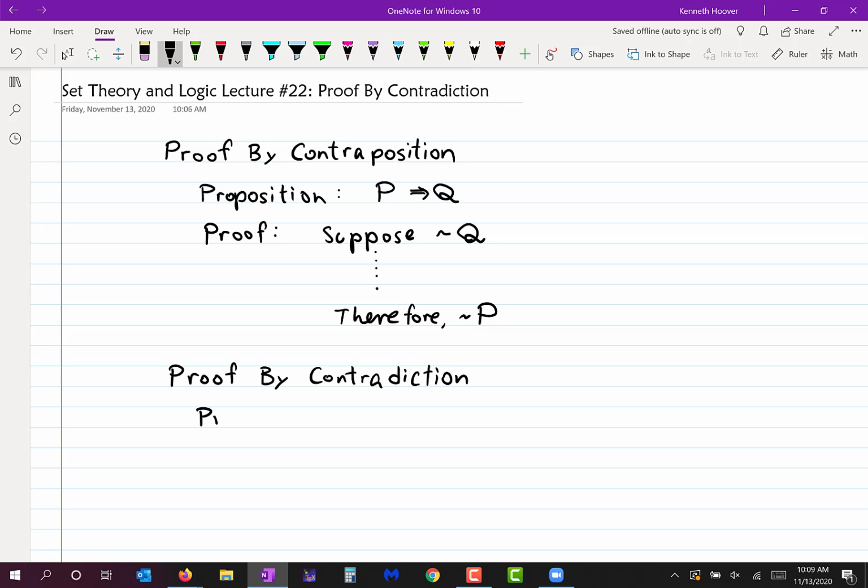Which is where you have a proposition, and I'm just going to put P. It could be anything, not necessarily a conditional. Okay? And what you do is you suppose the opposite of what you're trying to prove.